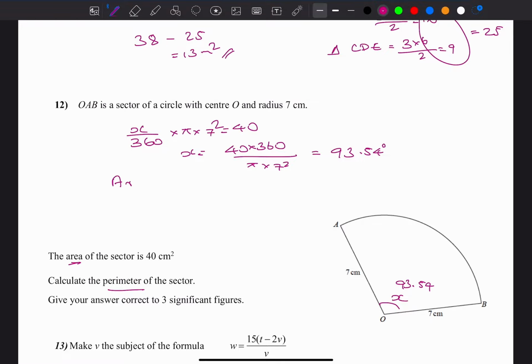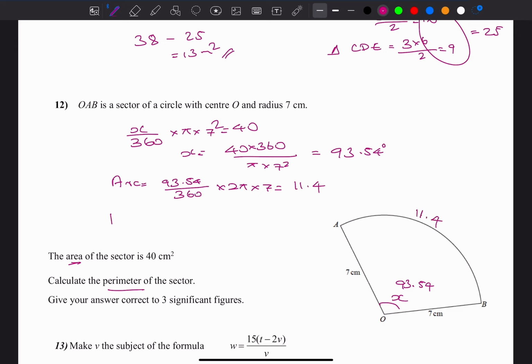Then the arc length formula is the angle, which is 93.54 divided by 360 times 2 pi r. 2 times pi times r, which is 7, gives 11.4. So the arc length is 11.4.